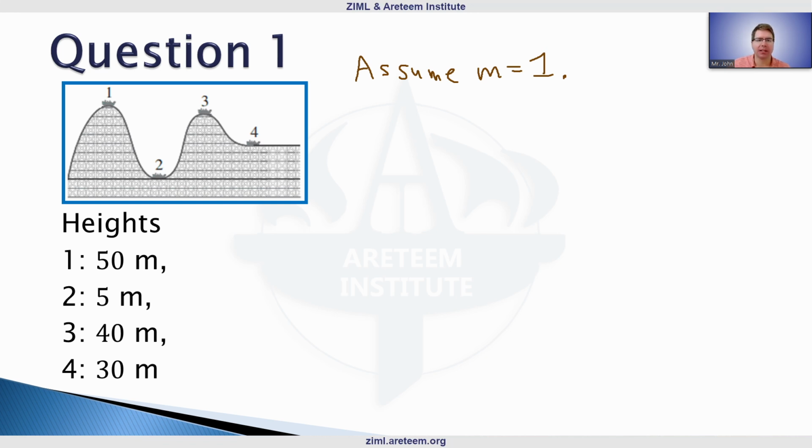Reminder, our potential energy, mgh, is just going to be gh with m equals 1. This is going to be relative to the ground in this scenario.